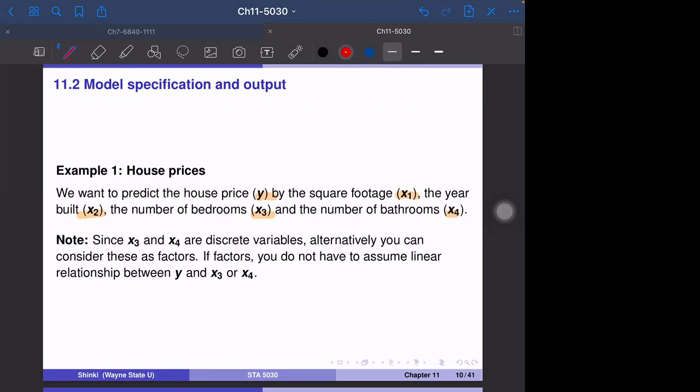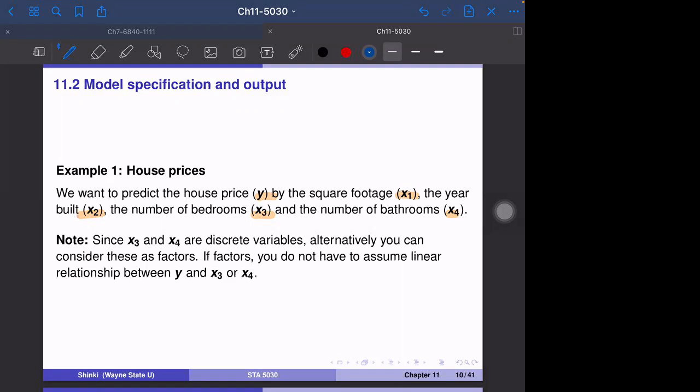That's just an integer, probably from maybe 1 to 5. So we can regard this variable as a factor variable. In such a case, we don't have to assume a linear relationship between house price and the number of bedrooms.